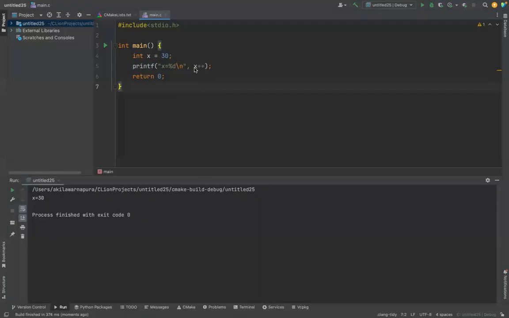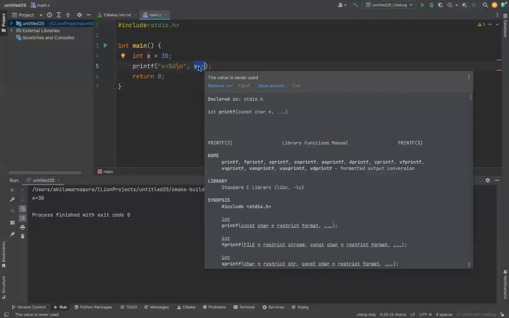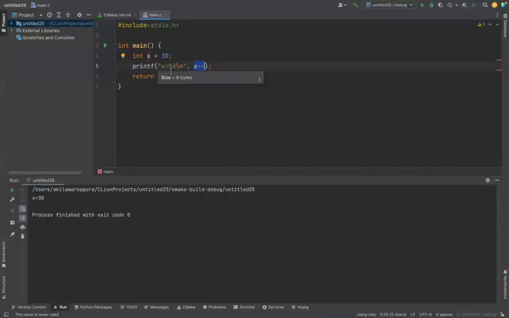Because if you use x plus plus, we call it the postfix operator. Postfix means before incrementing the x value by 1, it assigns the x value to the percentage d here. After that, it increments the x value by 1. So the existing x is 30, and that 30 is assigned here.